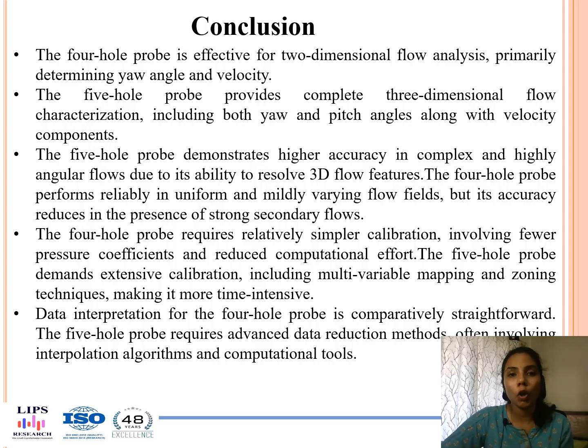It can measure both yaw and pitch angles along with the velocity component in all directions, giving a much more detailed understanding of the flow. When it comes to accuracy, especially in complex flows, the five-hole pressure probe performs better than the four-hole.